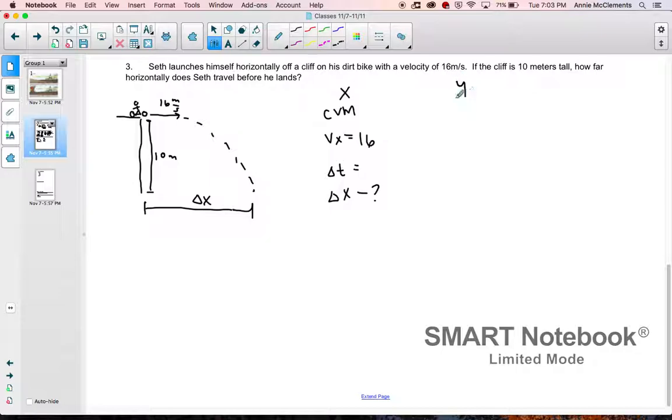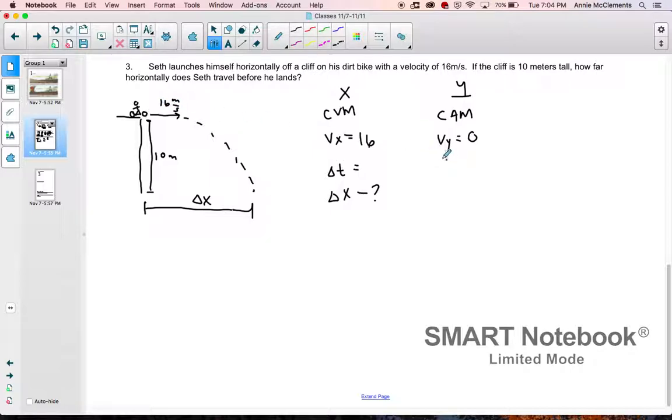So we'll go ahead and see what's up in our y direction. Again, we're following CAM. Our Vy, right, is 0. Initially, he has no velocity, right, up or down. He only has velocity horizontally when he leaves the cliff. He's going to gain some vertical velocity, right, as he falls, but initially he has none, right?